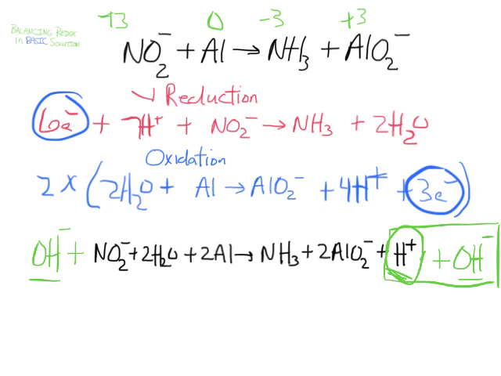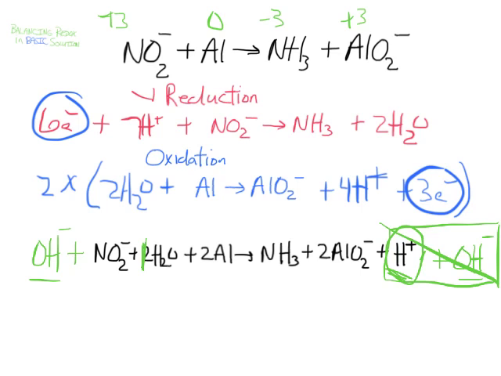That would come together to form water, so I can cancel out that water with one of the waters on the left-hand side, turn that 2 into a 1, and then I've got my basic balanced version of this equation. 1 OH minus plus NO2 negative plus 1 water plus 2 aluminum to make ammonia plus 2 AlO2 negative. And I should just double check to make sure that everything works out.